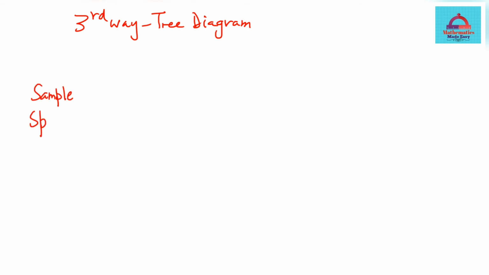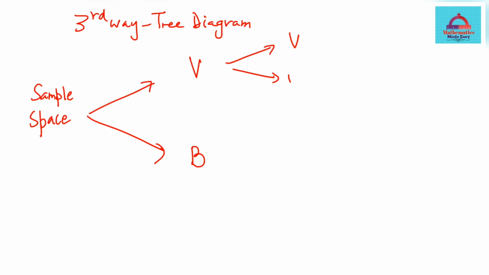The third and last way of representing is the tree diagram. So let's do that also. Now we have two stages of choices. When we are writing our sample space or the possible outcomes, in the first stage there are two options, either volleyball or basketball. And then for each subsequent stage you have two options again, so we can break it into two more branches. Now we can just write the outcomes.